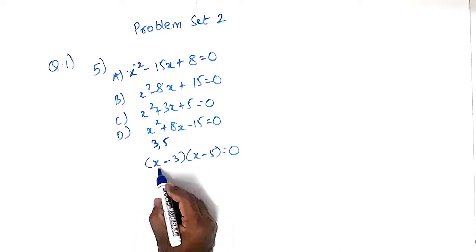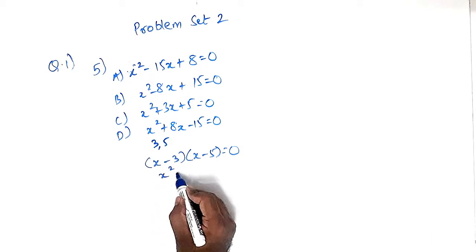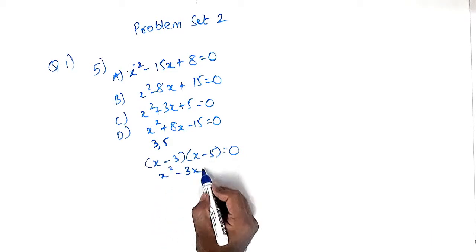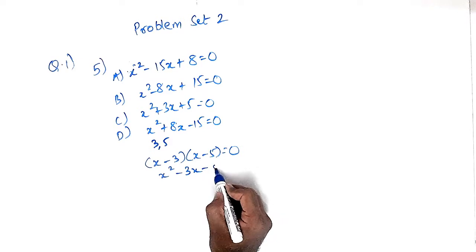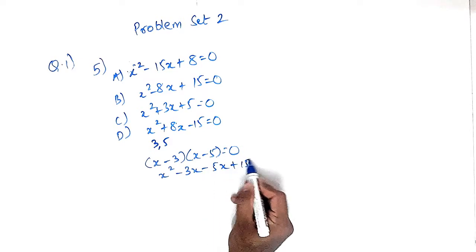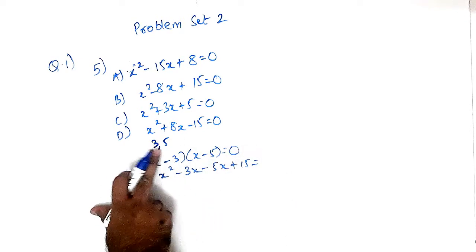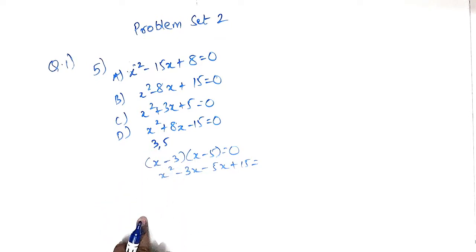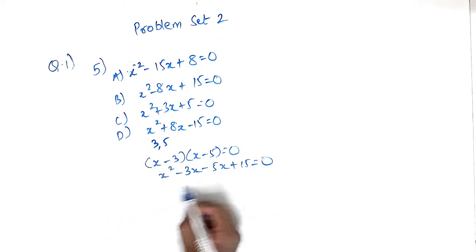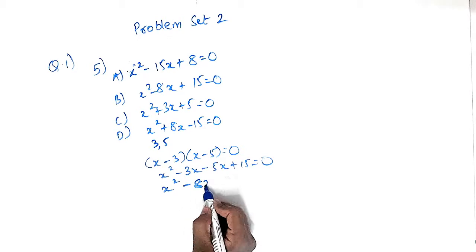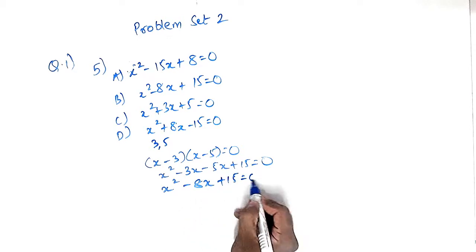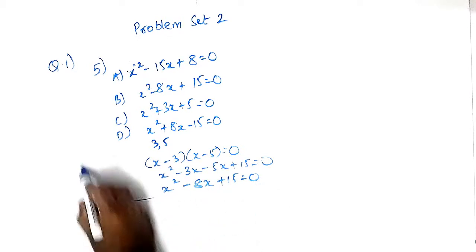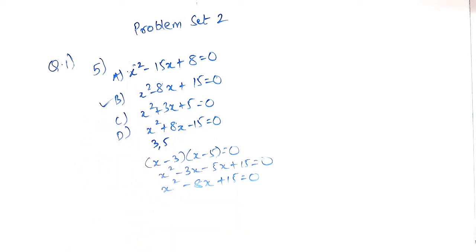This will be x square minus 3x minus 5x plus 15. I am solving in the reverse order, 3 and 5, so this will be minus 3 minus 5. So x square minus 8x plus 15 equals to 0. So here also your option B is the correct answer.